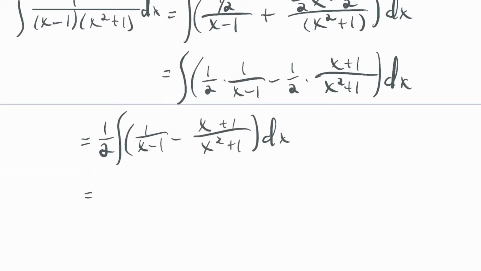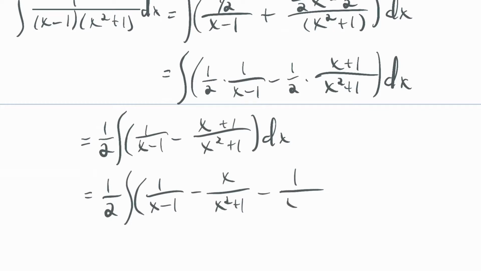Let's say this equals 1/2 times the integral of 1 over x minus 1, minus x over x squared plus 1, minus 1 over x squared plus 1. And both fractions have a minus in front, because I was subtracting that group.